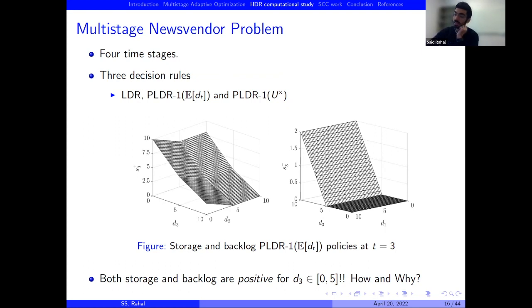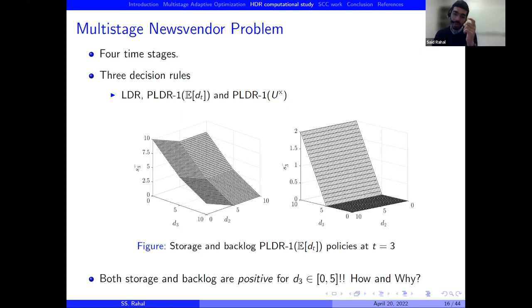On the x-axis we see D sub 2, the uncertain demand at the second stage, and D sub 3, the uncertain demand at the third stage. For D sub 3 between 0 and 5, both state variables are positive. These values are output by the model-based optimal policies. This is impractical: it's impossible to have an inventory and a backlog at the same time.